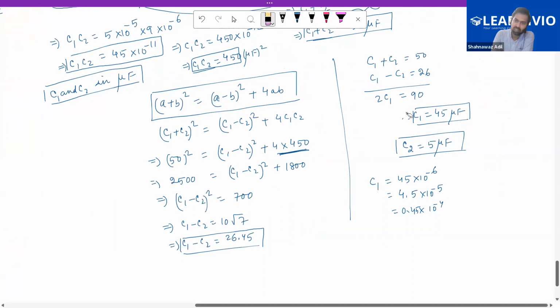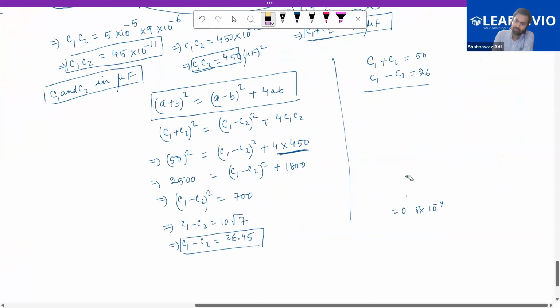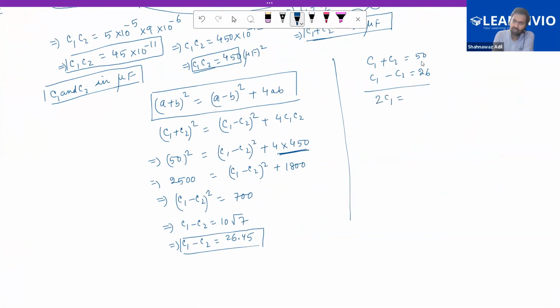So what would be the other thing? So 2C1 is how much? That is 76. So C1 is 38. Now what would be C2? So C2 would be 50 minus 38, so that is 12.